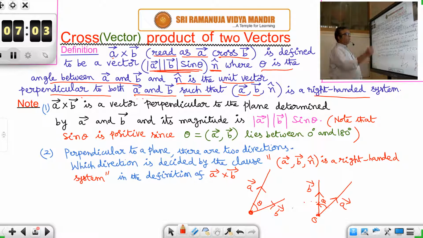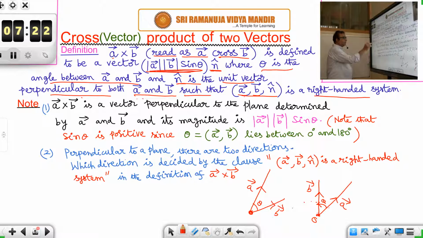And its magnitude is mod A bar mod B bar sin theta. Direction is described by this: A bar, B bar, n cap, right-handed system. So that is the definition of A bar cross B bar.